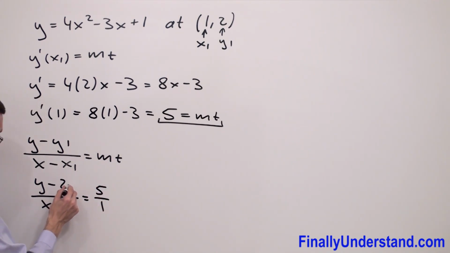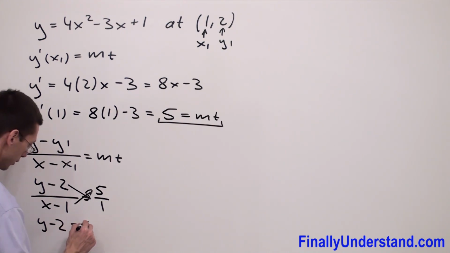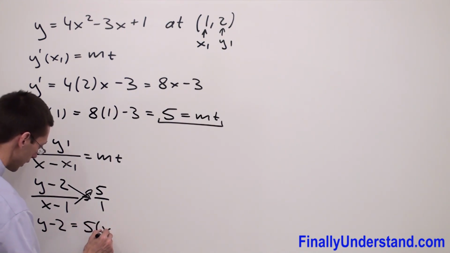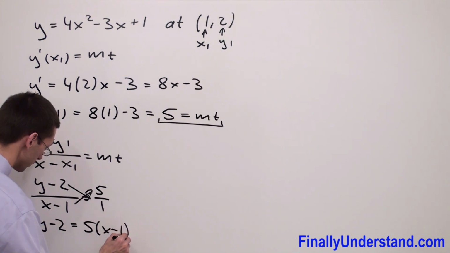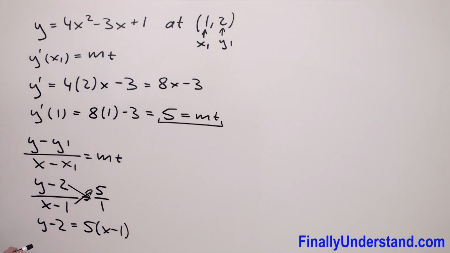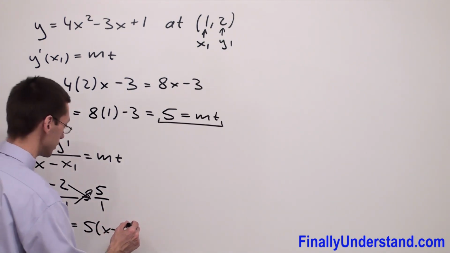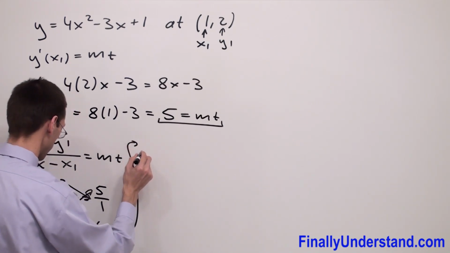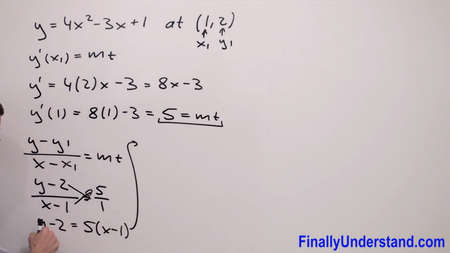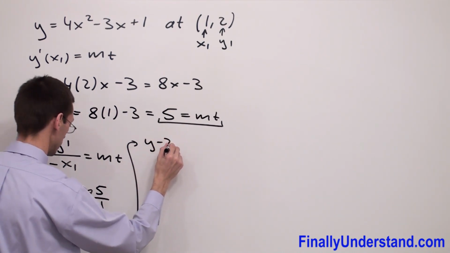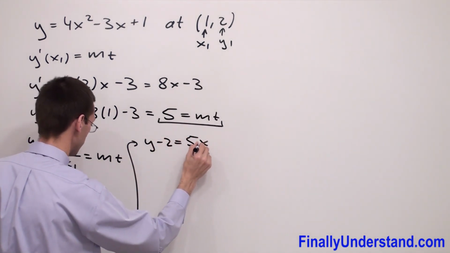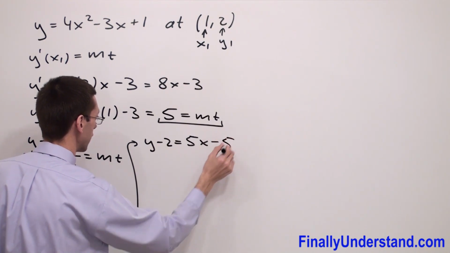Next, I'm supposed to perform the cross multiplication. So I have y minus 2 is equal to 5 times (x minus 1). Let me write this down over here: y minus 2 is equal to 5x minus 5.